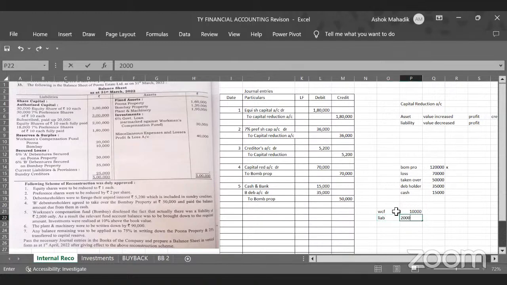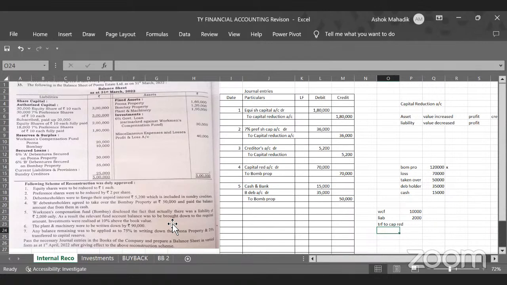So the balance amount is available to be transferred to capital reduction account. We can use that balance for the purpose of reconstruction. So 8,000 we can transfer to capital reduction. Let us read further.